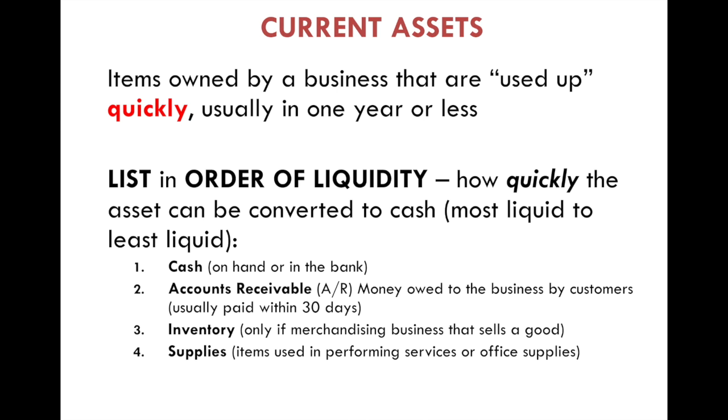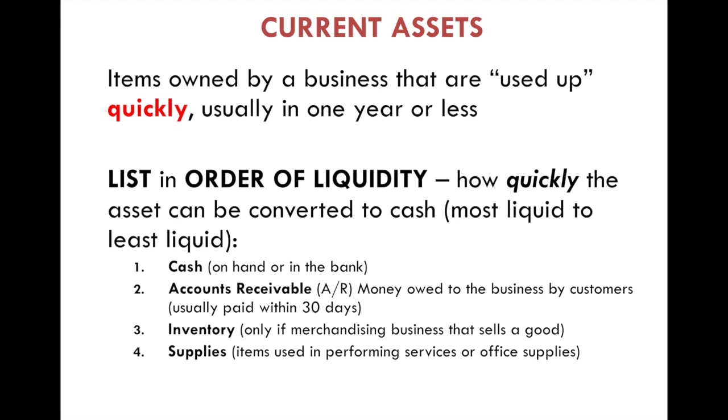So yeah, generally the order that you list stuff is cash, which, you know what cash is. Accounts receivable. Accounts receivable is a fancy way of saying money that's owed to the business by the customers. Anytime someone buys something with a credit card, it goes under accounts receivable.